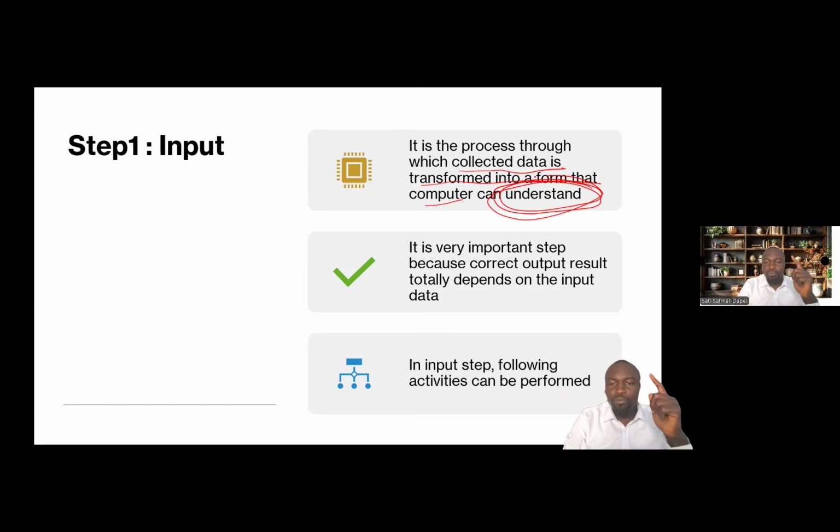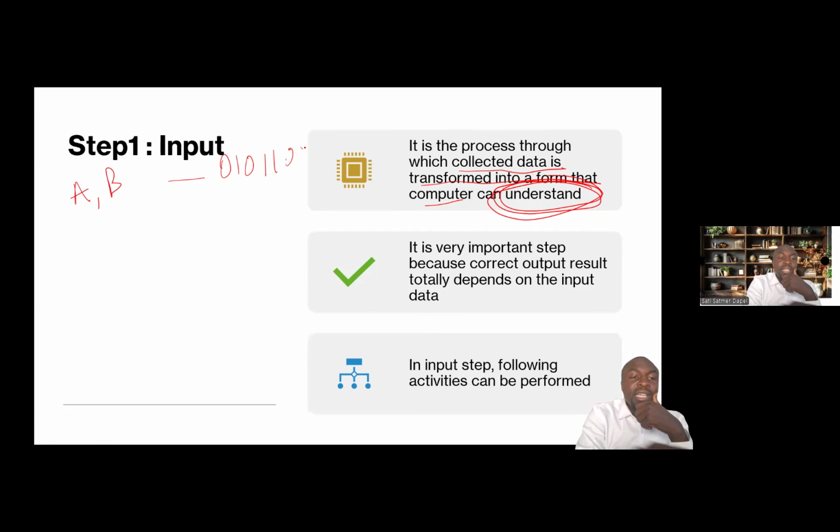It is a very important step because the correct output result totally depends on the input data. Why is this important? If I enter capital letters A, B, they are going to be converted into binary. If I enter small a, small b, they are converted into binary. If I enter a plus, or comma, or at, any character is converted into binary.